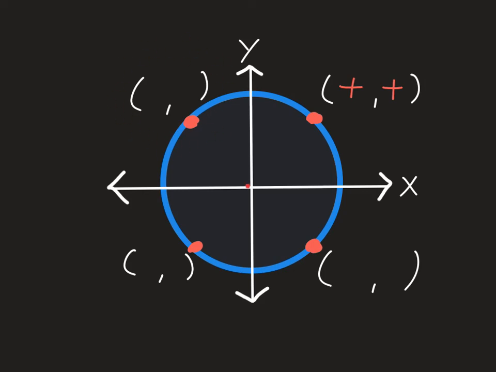So in quadrant 2, from the origin, 0, 0, I would be moving to the left, and to the left is negative, and then up, which is positive. So anything in quadrant 2 would have a negative x value to the left, and a positive y value because I'm moving up.